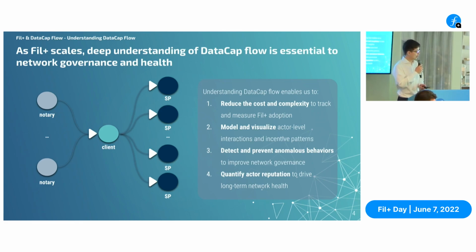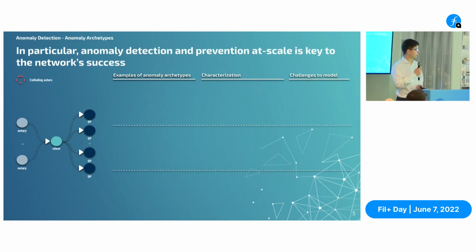And actually, what we're more interested in is to detect and prevent any type of anomalous behavior that's happening inside the ecosystem. This is very important to both promote the governance and health of the network, but also at the same time, to promote fairness among the players that are playing by the rules and actually contributing to the system. And finally, we can, on top of that, quantify actor reputation to drive long-term network health and governance.